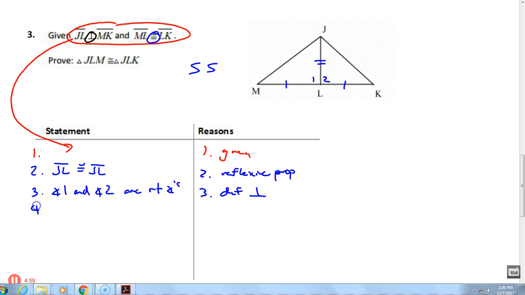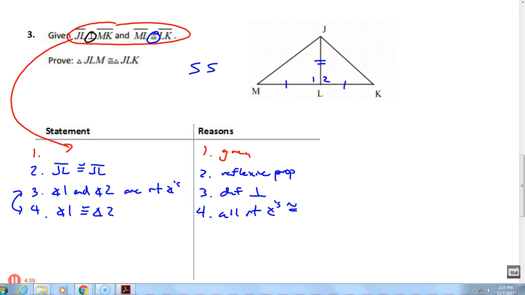And then I could come back and say that angle 1 is congruent to angle 2 because all right angles are congruent. I don't know if it's okay to combine these into one step and just say all right angles are congruent. I probably wouldn't mark it wrong, but it's better to have more than what you need.